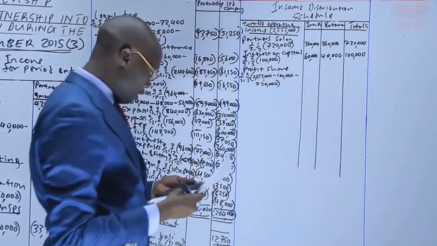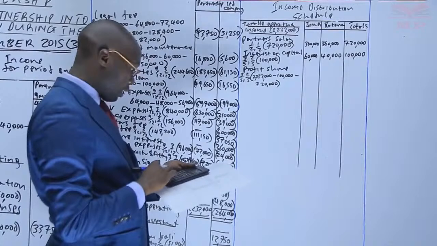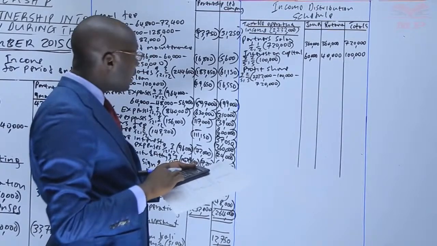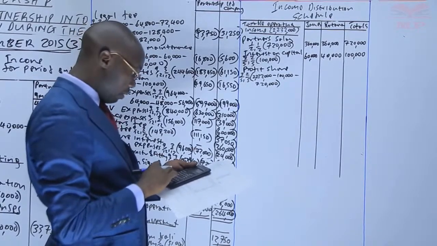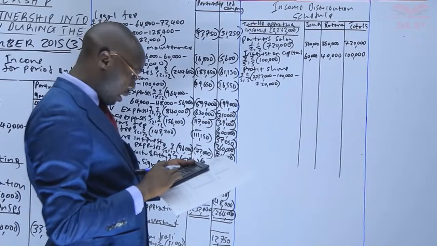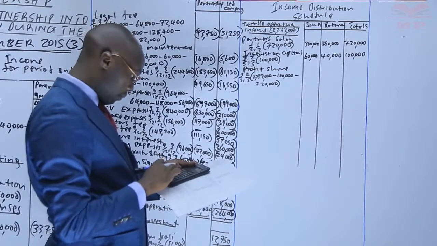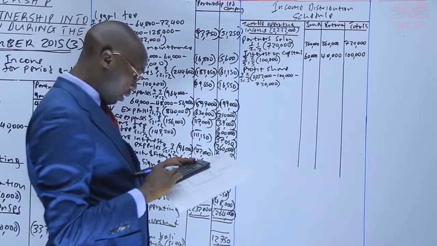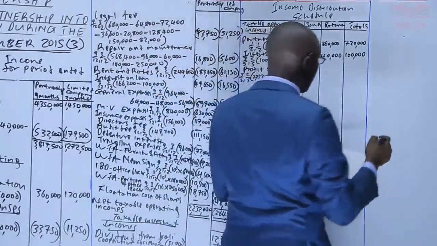So we'll have 32,000, and then minus 100,000, and then minus 720. That gives us 12,000.